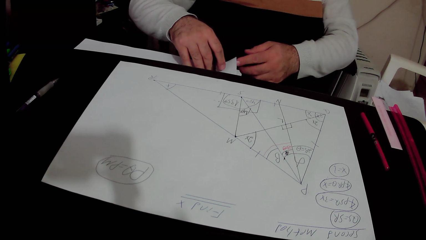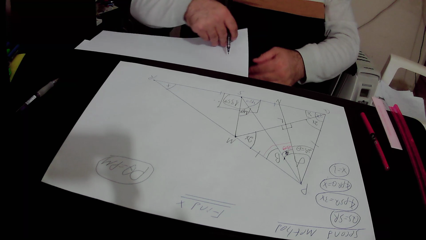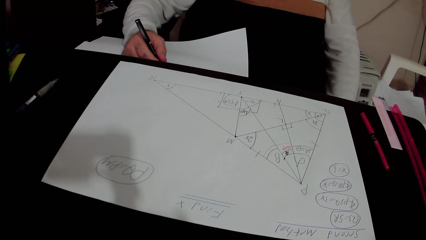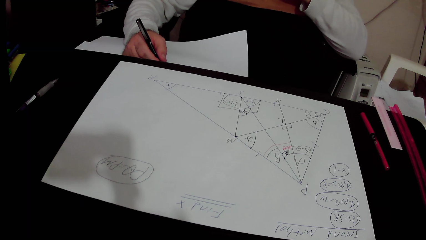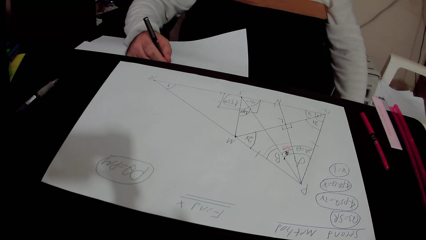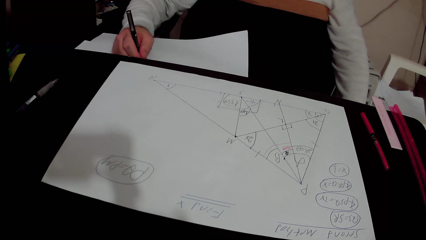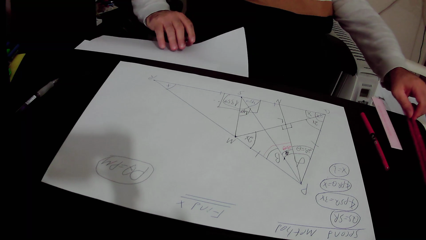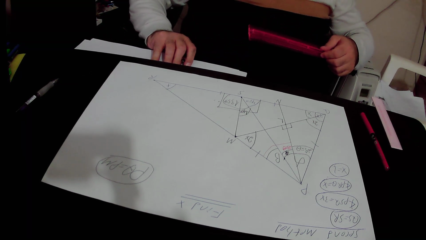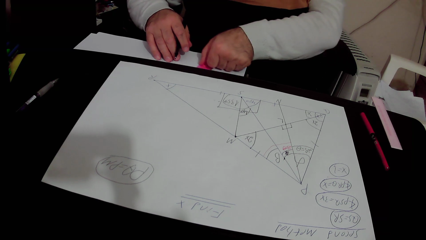In the next step, we will prove that triangle PNS is congruent to triangle PMS. So I will draw out those two triangles again in a new page, and in this way we see those two triangles clearly.